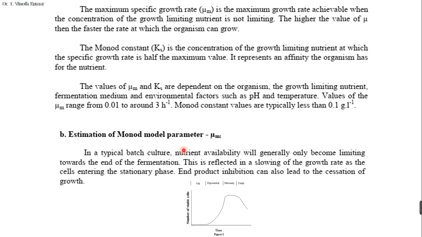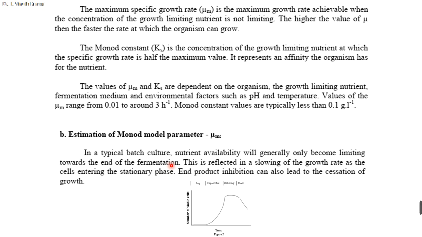In a typical batch culture, nutrient availability will generally only become limiting towards the end of the fermentation process. For example, in a batch culture, if you add the inoculum, after a particular period of time the nutrients can be completely utilized by the end of the fermentation process.